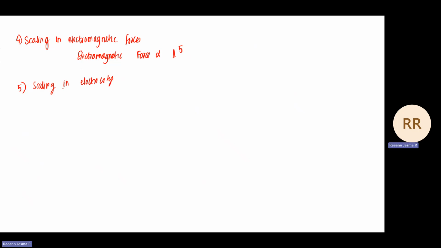Resistance is an important term that we see. Resistance R is rho into L divided by A. Rho does not have any length dependence. L has length dependence in one scale, and area has length dependence in two.